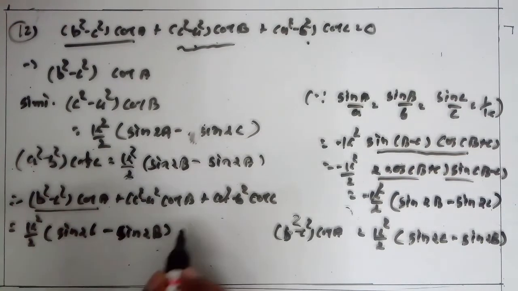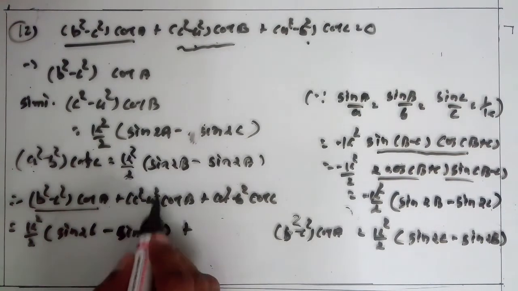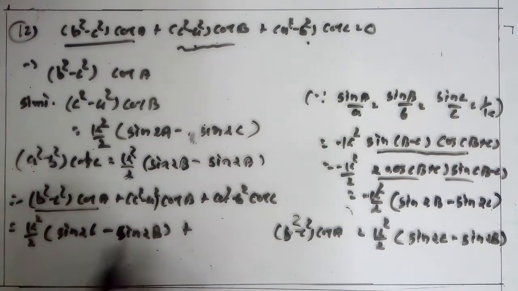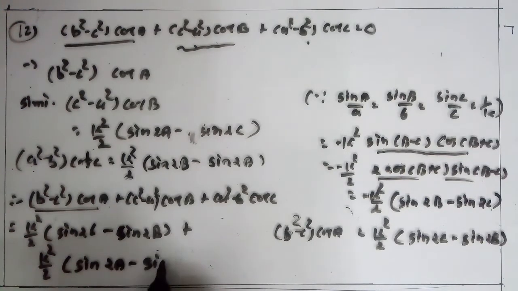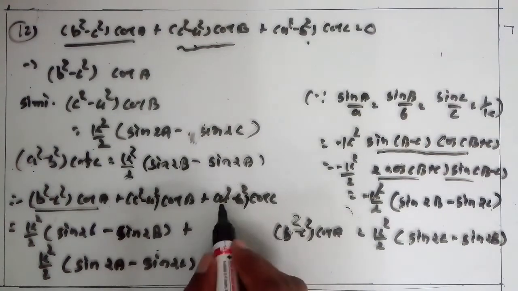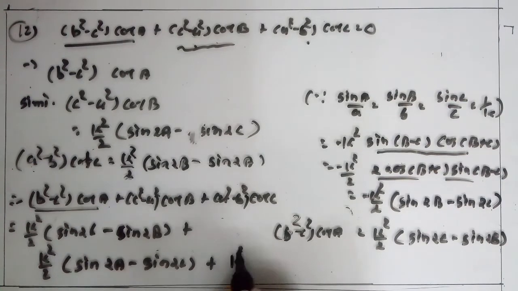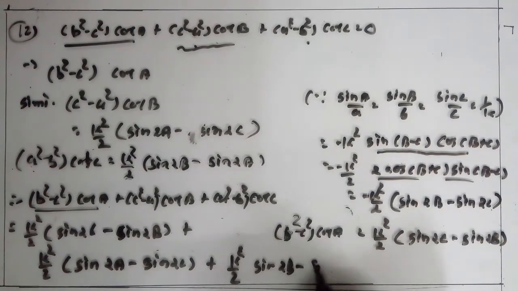Clear? Plus (c² − a²) cot B is equal to k²/2 (sin 2A − sin 2C), plus (a² − b²) cot C is equal to k²/2 (sin 2B − sin 2A). Clear this?